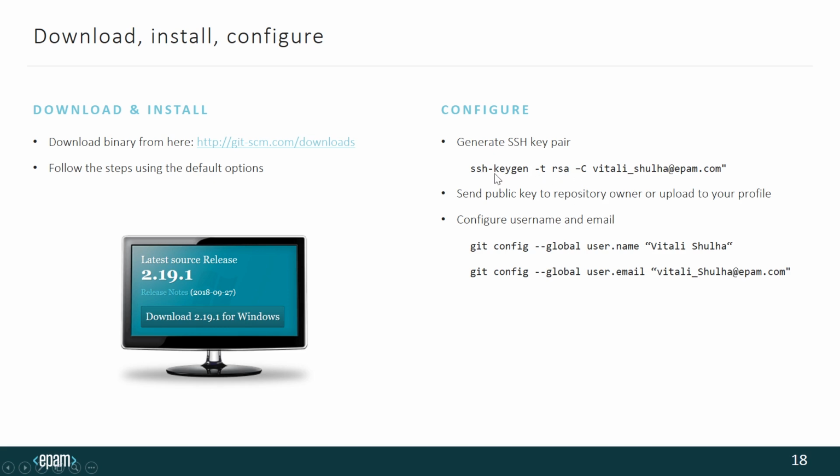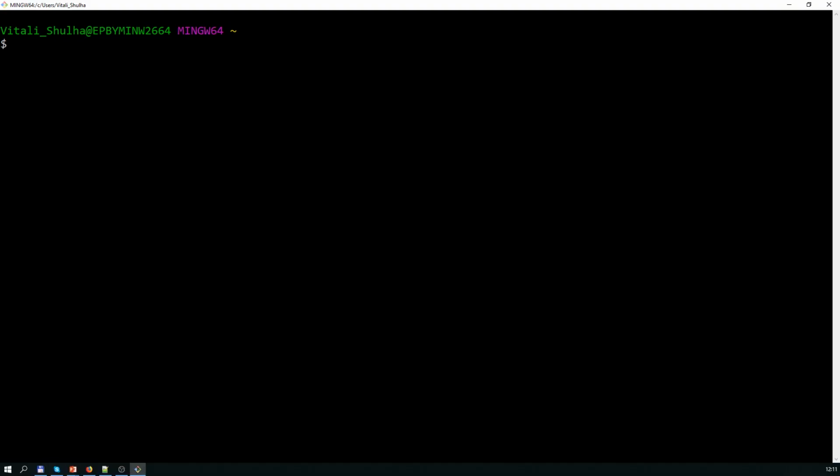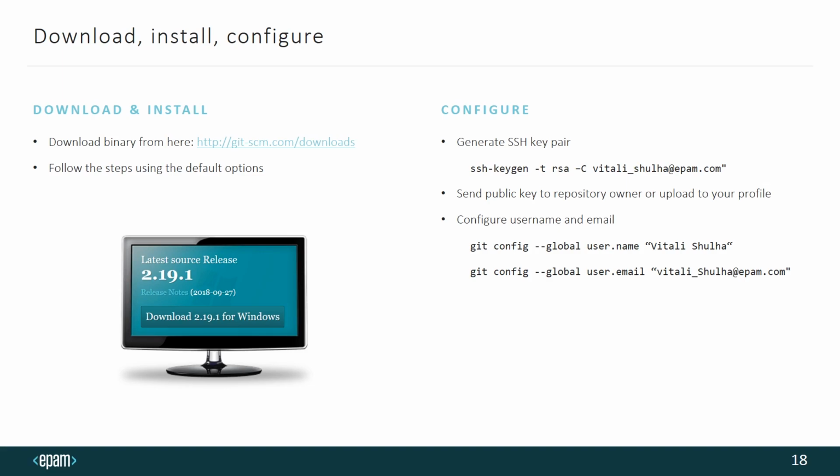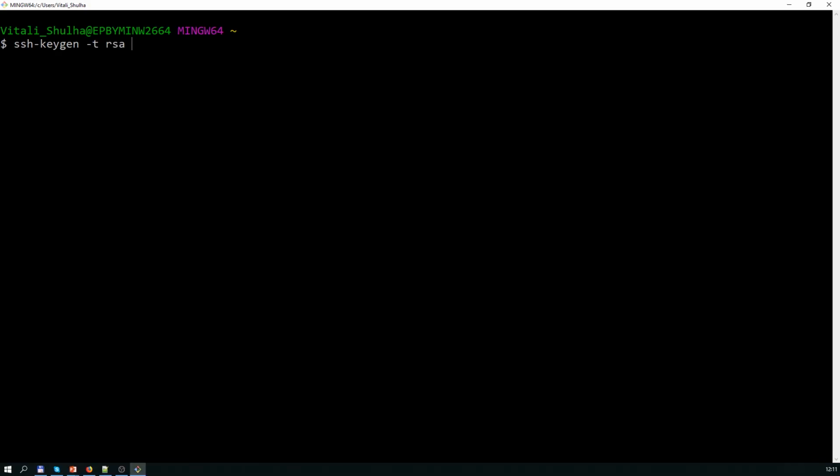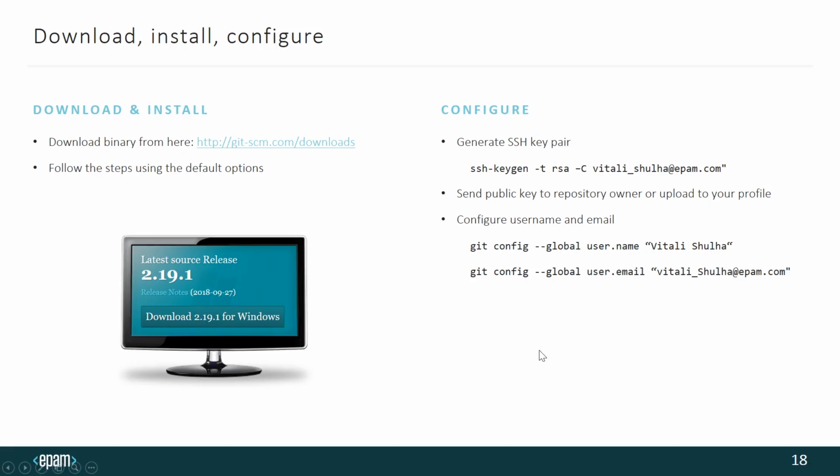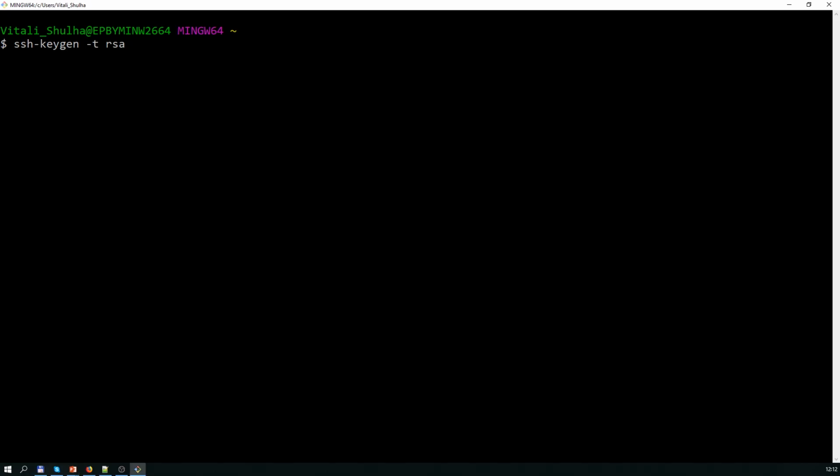All that we need is to run ssh-keygen and pass it a few flags. Let's run it. As the type, I'm specifying RSA, one of the encryption algorithms, and as a comment, I'm putting in my email address.